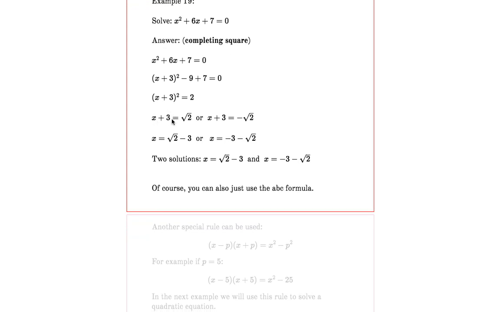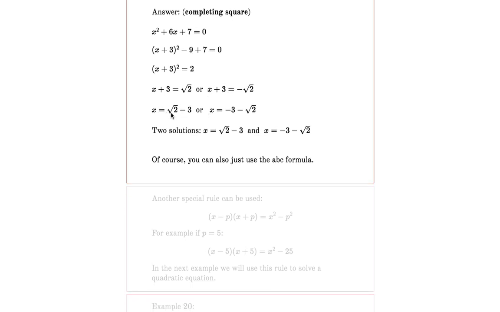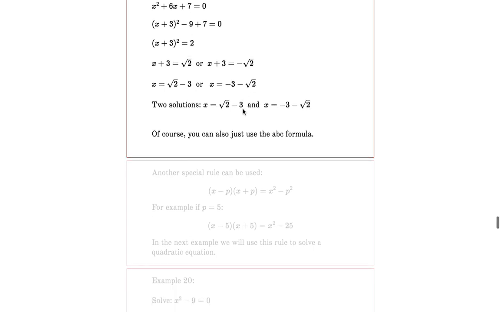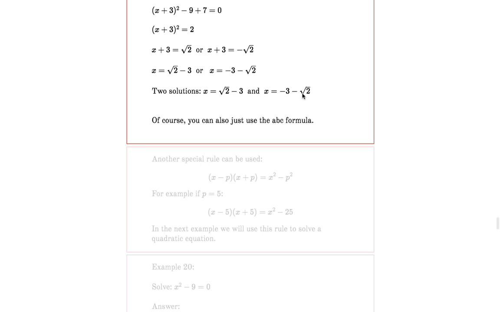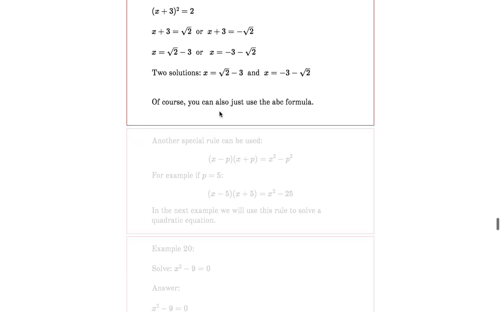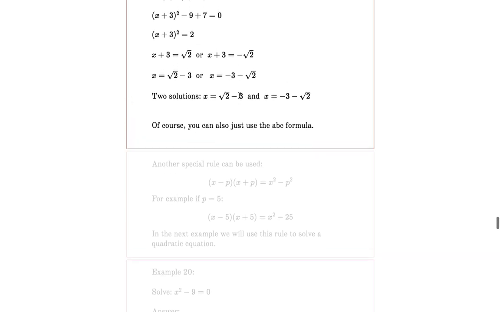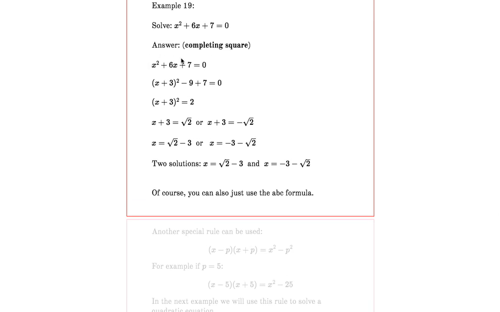So x plus 3 is the square root of 2, because we take the square root of both sides, or x plus 3 is negative the square root of 2. So x is square root of 2 minus 3, or x is minus 3 minus the square root of 2. Two solutions. Of course, you can also use the ABC formula. You can always use it.